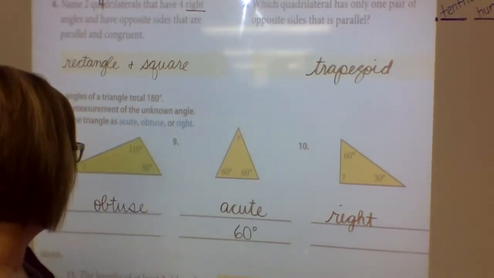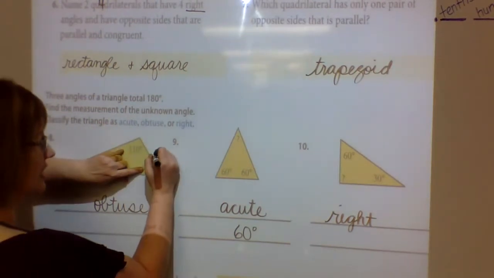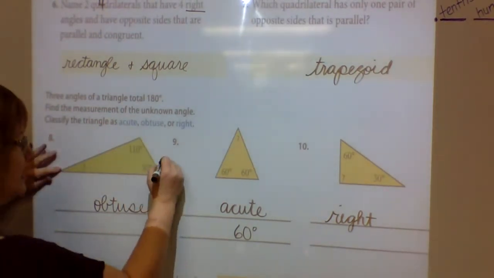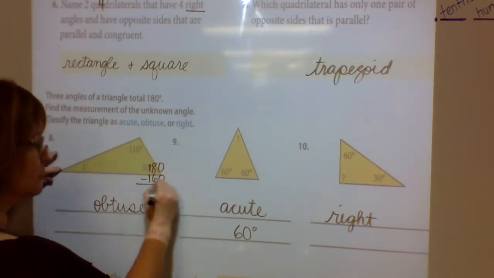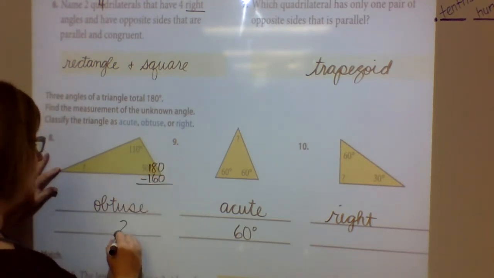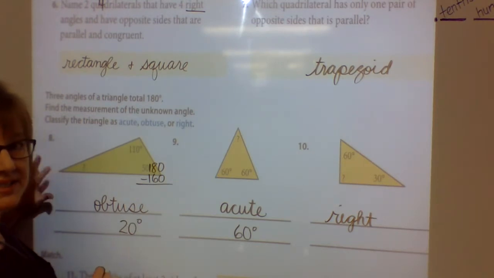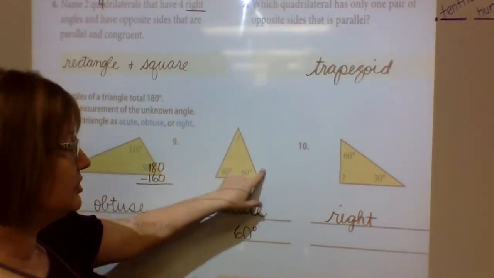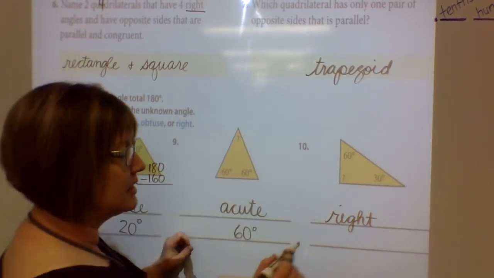Okay? Now over here, 110 plus 50 equals 160. So if you take 180 and subtract 160, you end up with 20 degrees. This angle is 20 degrees. We already did this one, 60, 60, 60. Remember I told you if it's got two that are 60, the other one's going to be 60.